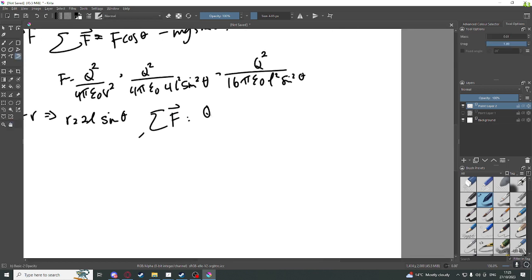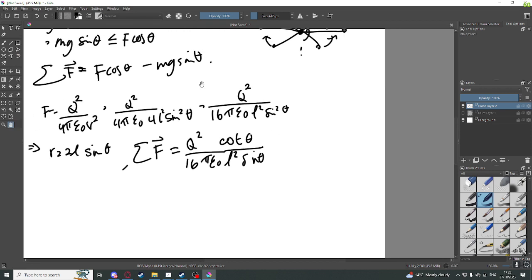So this becomes Q squared all over 16 pi epsilon 0 L squared sine theta times cot theta, because my cos theta from here will combine with 1 over sine theta from one of the sine squared and become cot, minus mg sine theta.